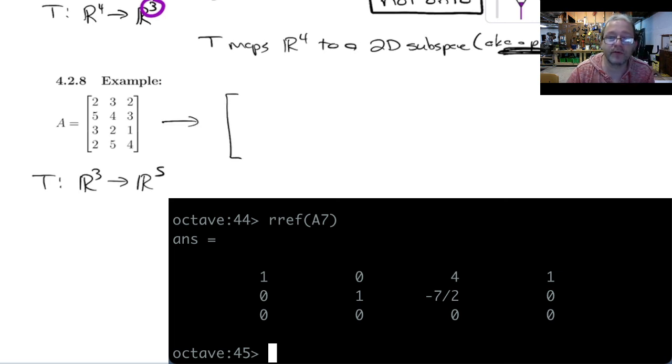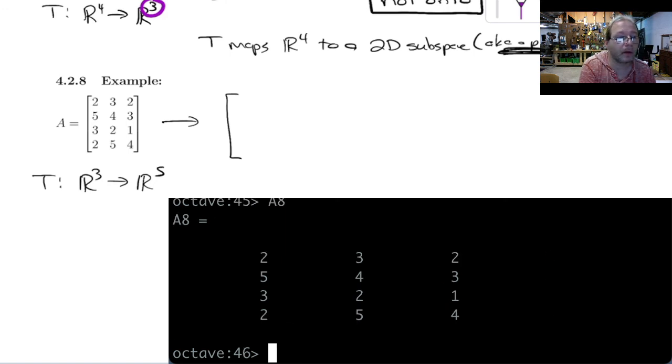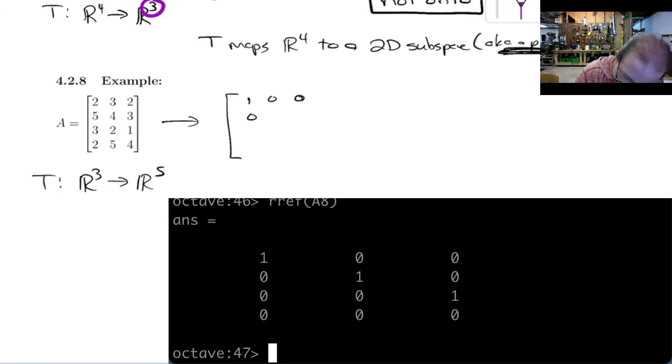If you take the reduced row echelon form of this, what do we get? Okay, we get an identity matrix on top with a row of zeros underneath. And I totally miscounted.